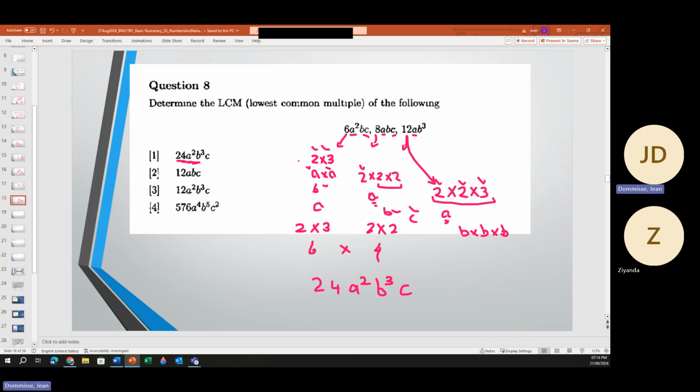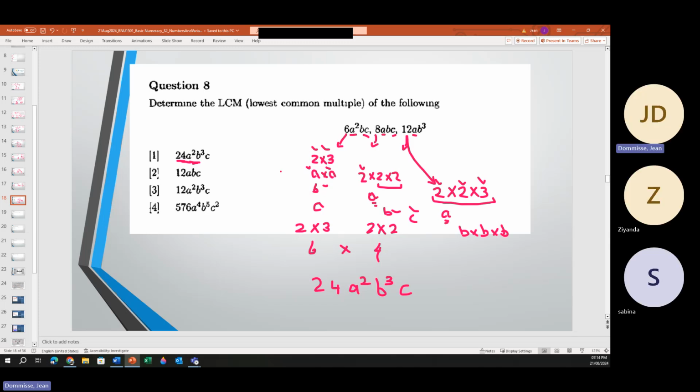Okay, so that is a way to work out your lowest common multiple, nearly taking it a bit step by step, so that it is easier for you guys to get to the answers. There's a lot of times that when we look at the lowest common multiple, they actually only have numbers and you need to pick the lowest common multiple out of a few numbers. But sometimes they do throw in the number with a variable.